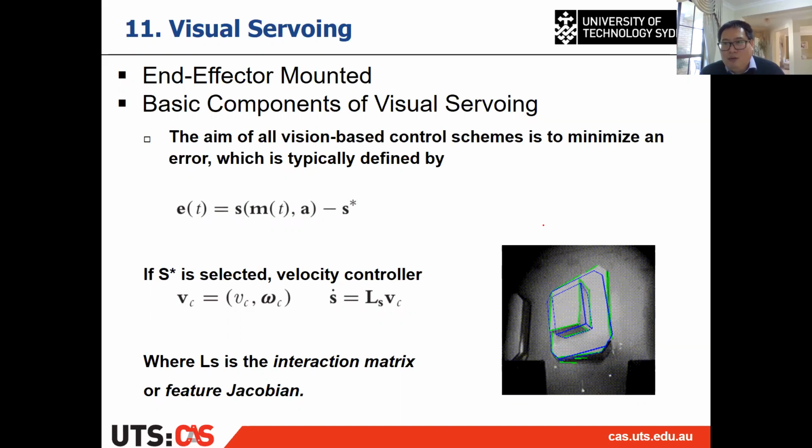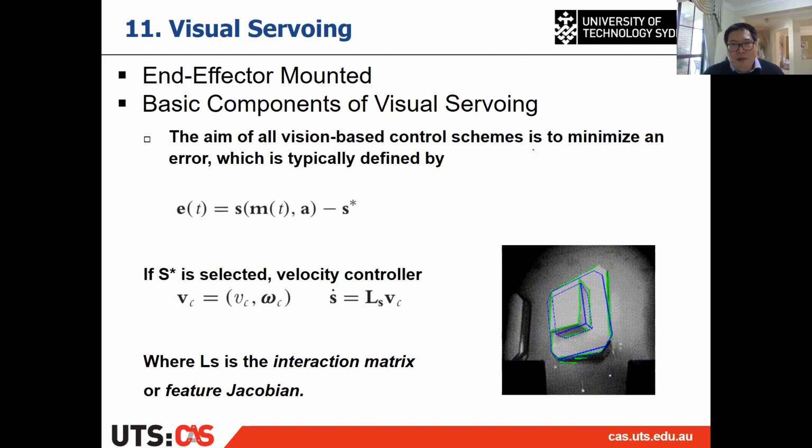We introduced the classical traditional method about visual servoing, and we apply it as an example on an end effector mounted camera. So, for example, you have a camera mounted on the robot hand, and how do you do this control, the visual servoing?